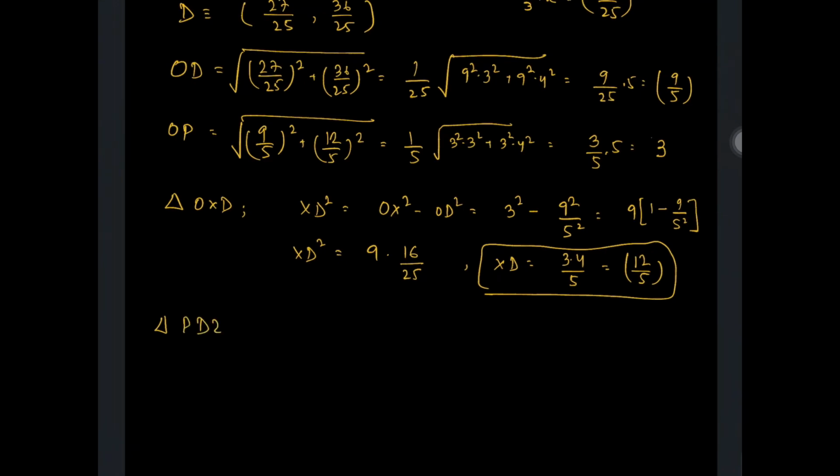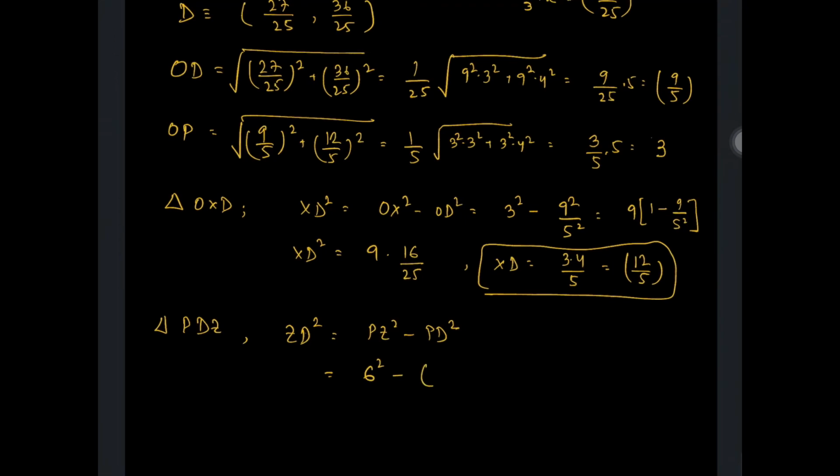Now take the triangle PDZ. So here ZD square will be PZ square minus PD square. PZ is the radius, so that is 6 square.